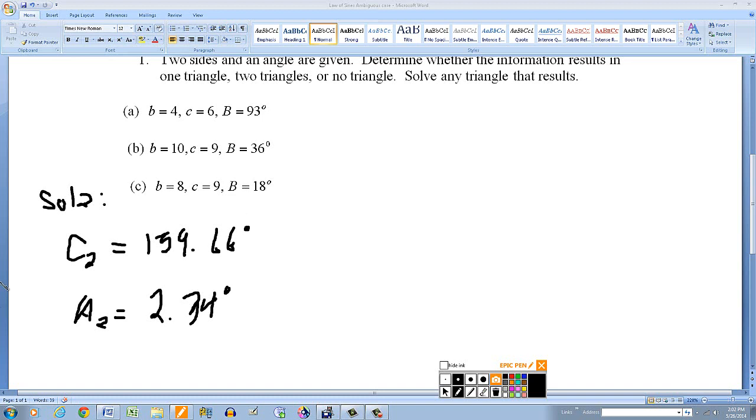So now we need side A. But again, it's going to change because the angle opposite changed, so we're going to label it A2.